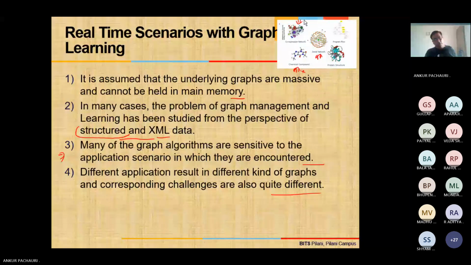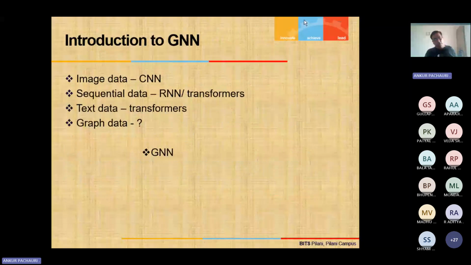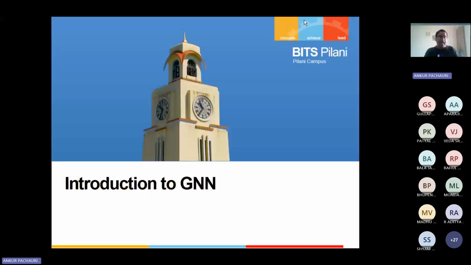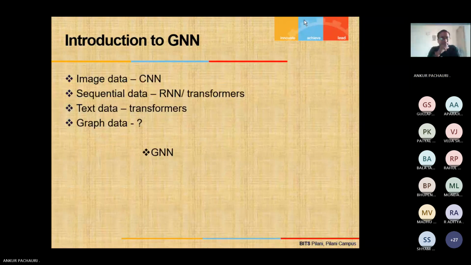Let me introduce this course at last, after 3.5 or 4 hours of continuous speaking. Now let us formally introduce the course, which is GNN. If I have image data, I can use a convolutional network. If I have sequential data, I can use a recurrent neural network.